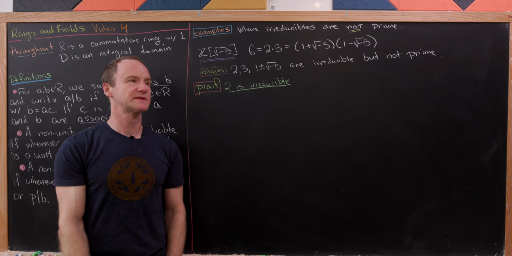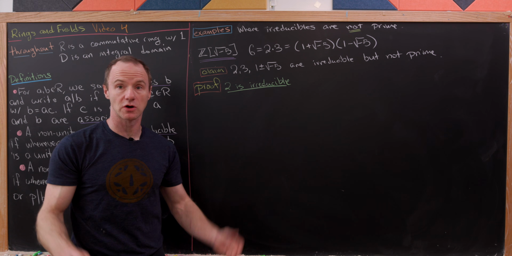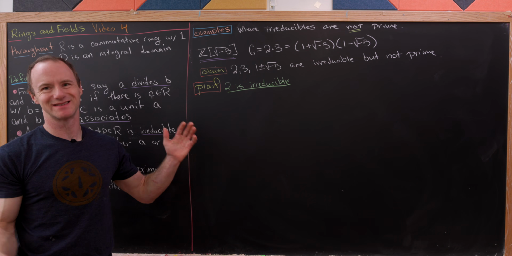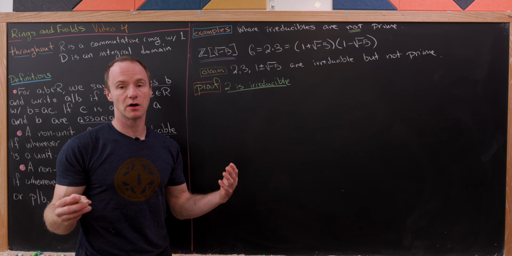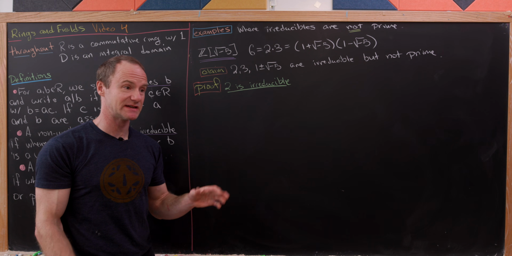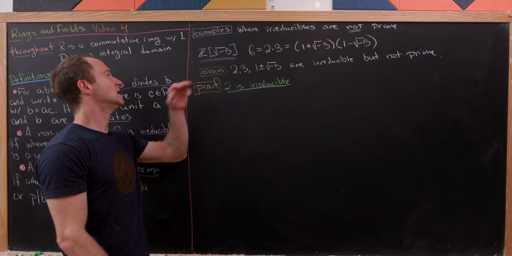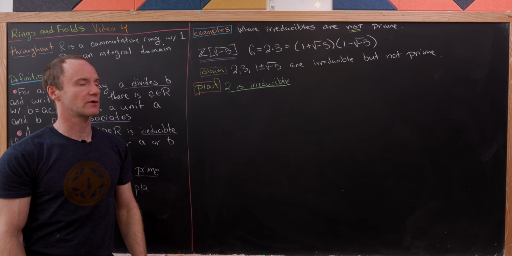All right, so now let's look at some examples where irreducibles are not prime. Recall, primes are always irreducibles, so this is the not that we'd like to show, that they are not the same idea. If they were the same idea everywhere, then we wouldn't have 2 definitions, kind of obviously. So let's start with Z adjoining the square root of -5.